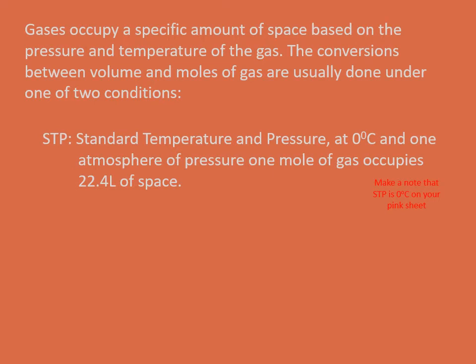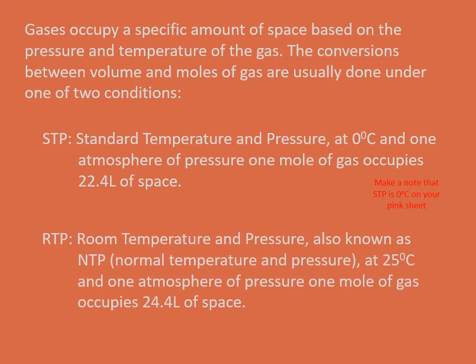Now 0 degrees is quite cold, so we also use RTP, room temperature and pressure, also known as NTP, normal temperature and pressure. At 25 degrees Celsius and 1 atmosphere of pressure, 1 mole of gas occupies 24.4 liters of space. Hot air expands.